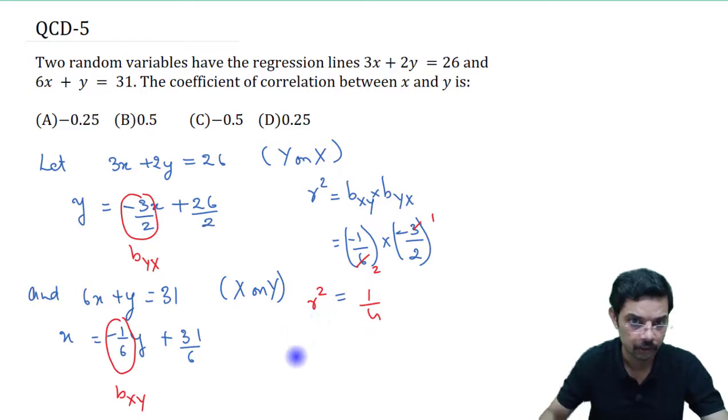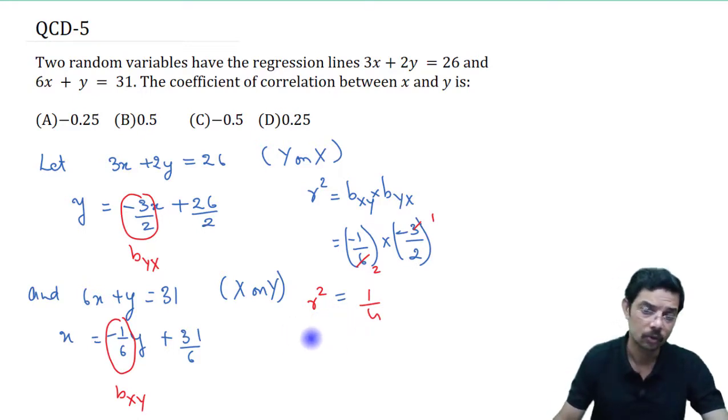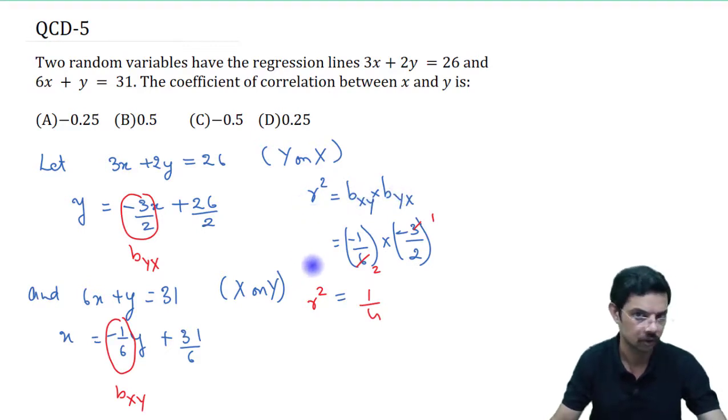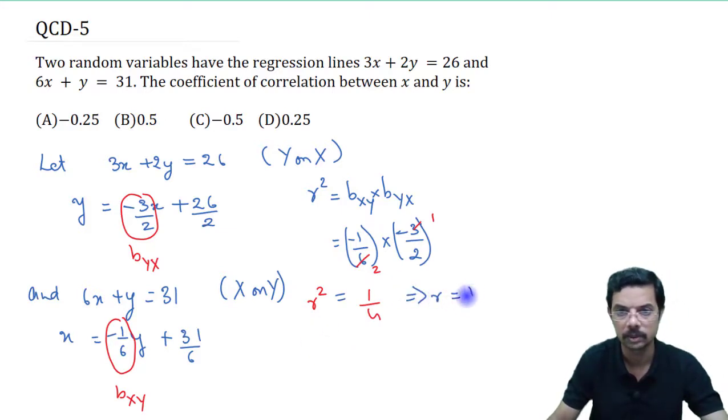But what you need to be careful about here is, see, you need to be very careful. The signs of both the regression coefficients are negative, therefore the correlation coefficient will also be negative. So this implies that r is equal to plus or minus 1 by 2.